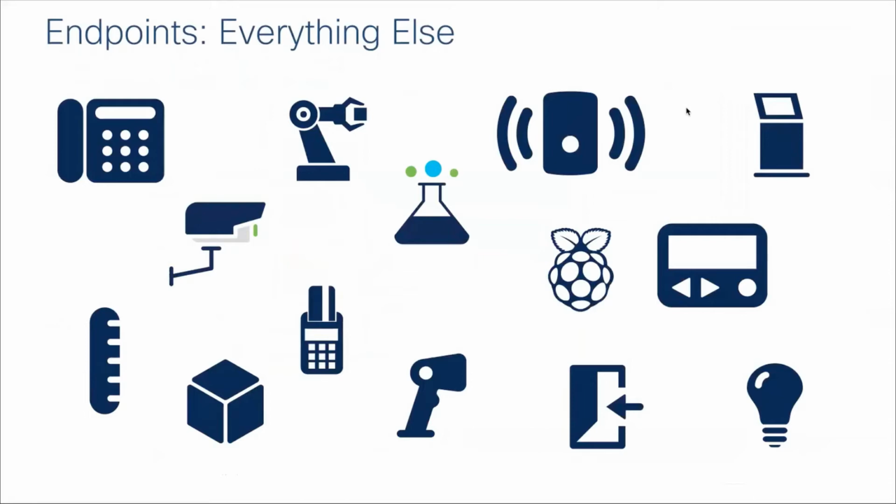So then after we cover those major devices, we have everything else. And this is a very, very long tail of different types of endpoints that you need to configure. And the reality is that while many of these devices can be configured for 802.1x, like IP phones, printers, cameras, things like that, some things cannot.